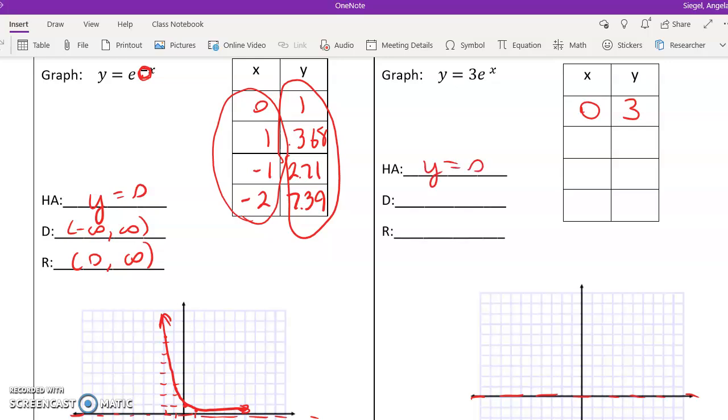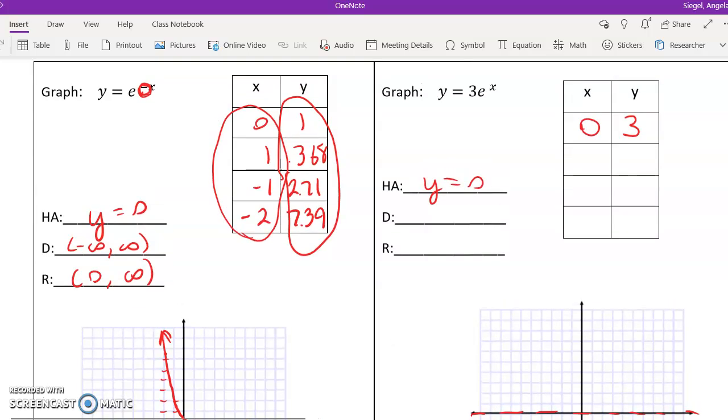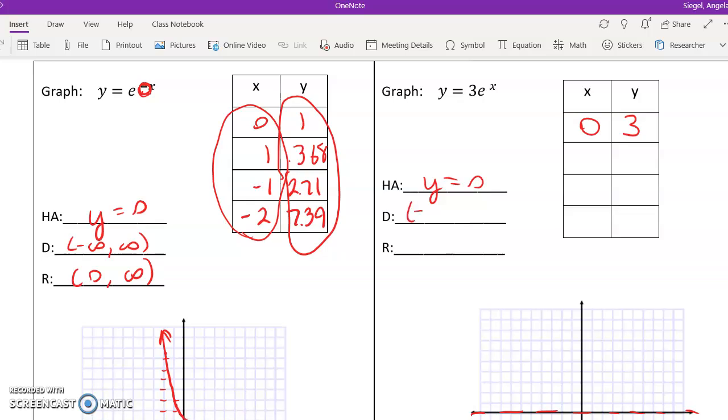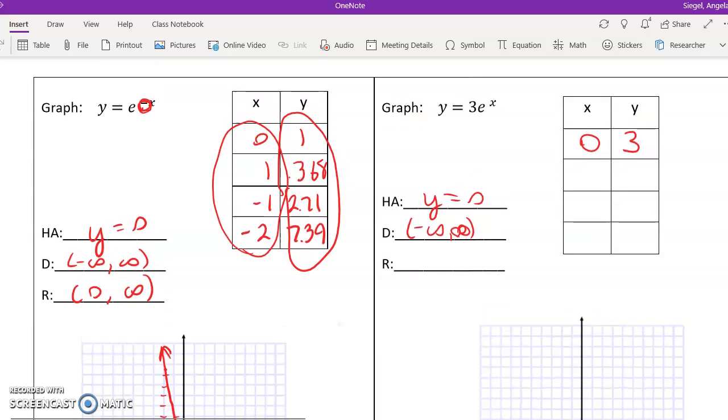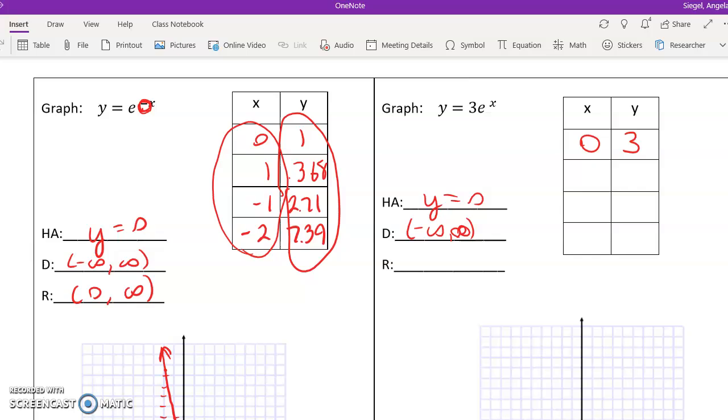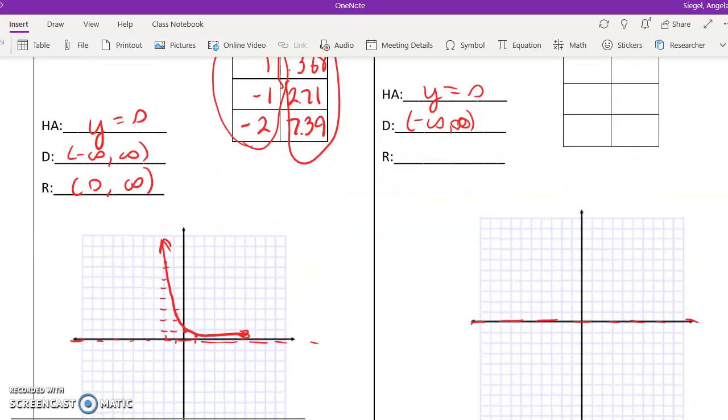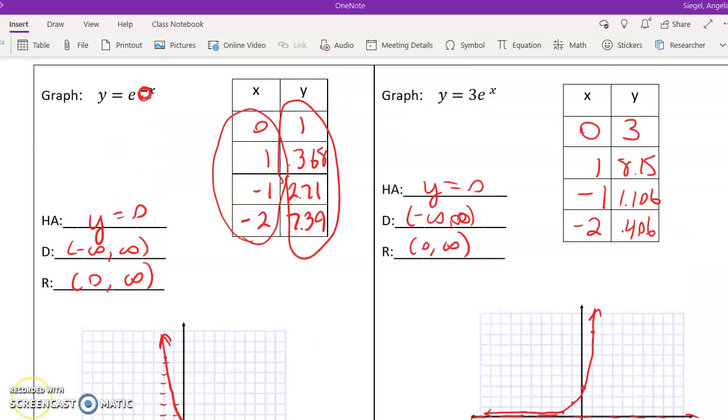And since we don't have any on any of these, you don't have to worry about it. So y is just going to equal 0. And our domain is always negative infinity to positive infinity. So what I want you to do is just number crunch some numbers and get a good look for your graph here. And we'll come back in a second.